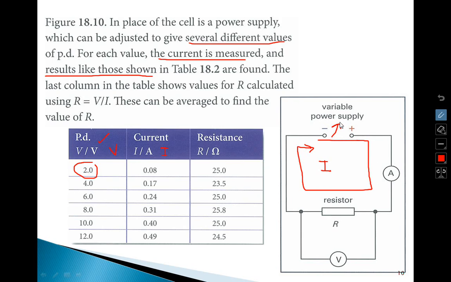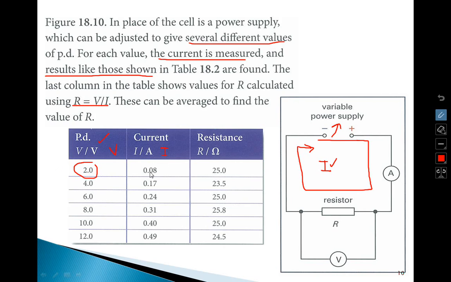I will change directly with V, and the value of R is found from the values of I and V. From this equation, R equals V over I, so we can find the value of R for each value of V.